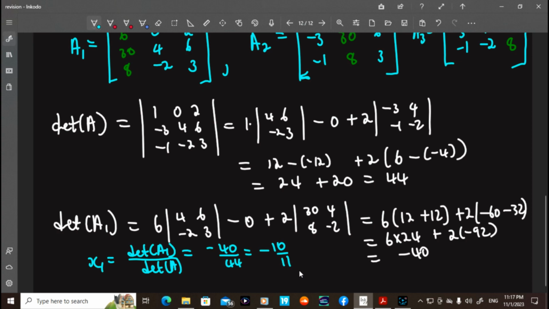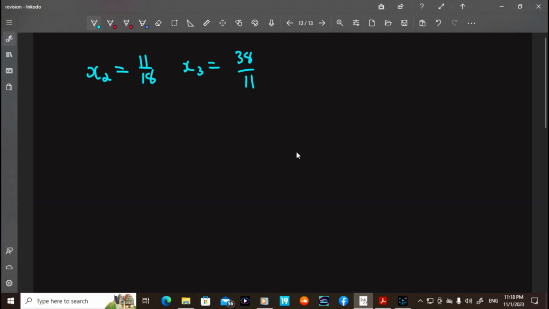You can continue to find the other values of x. You can pause the video and find x2 and x3, so that your answers would be these for A2 and A3.